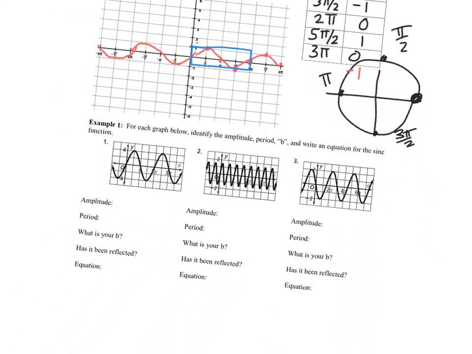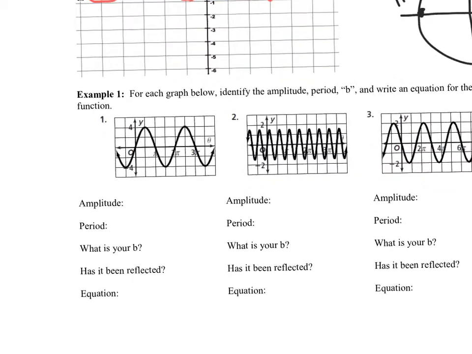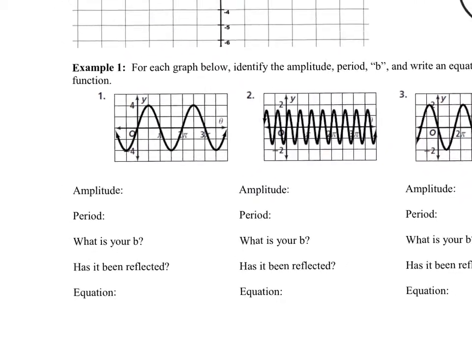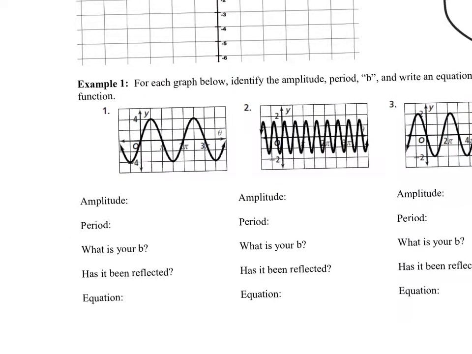So let's look at these different graphs here. What's going on with number 1 is it looks like we have this amplitude that has been stretched out. It's a vertical stretch compared to the other one that we just did. So the amplitude is 4. For the period, I can go from max to max right here, so it's half pi to 2.5 pi, or I can go from here to here.